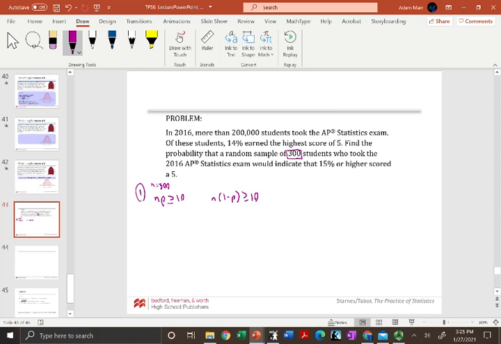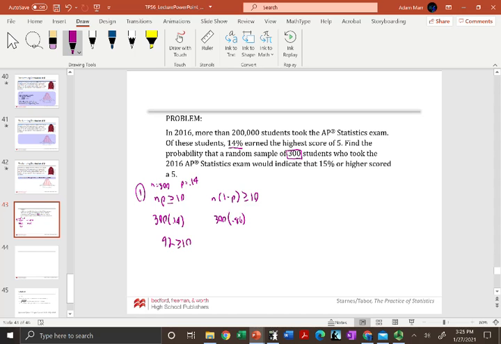And we have P, which is right here, 14%, 0.14. So we'll say 300 times 0.14. And this is going to be 300 times 1 minus 0.14, which is 0.86, all right? So 300 times 0.14 gives me 42.